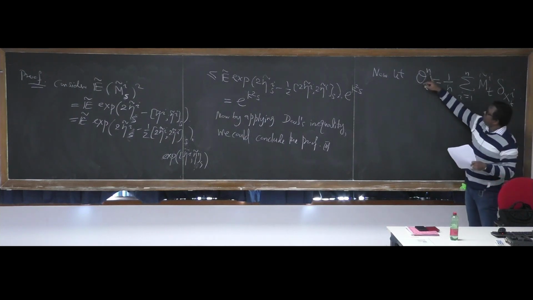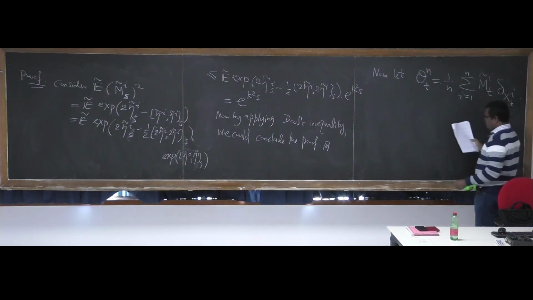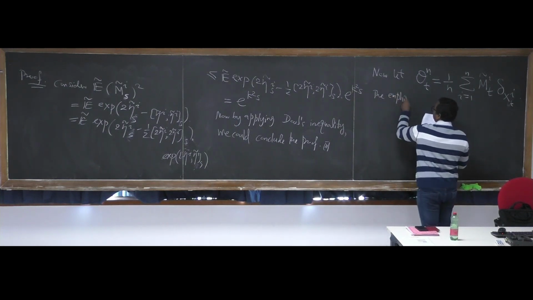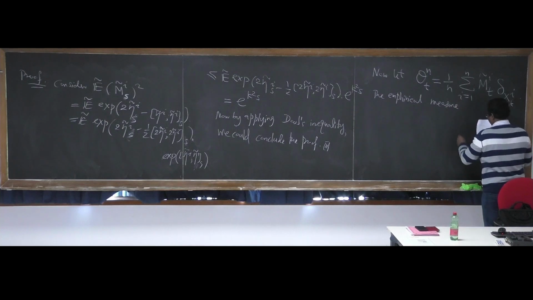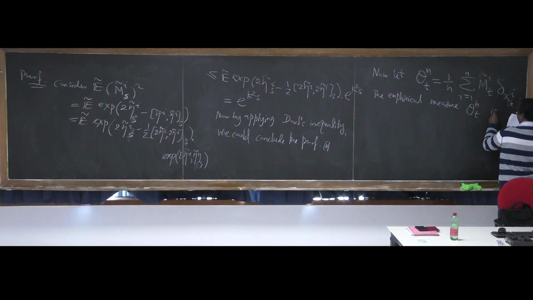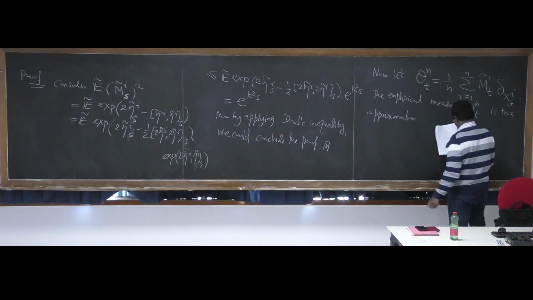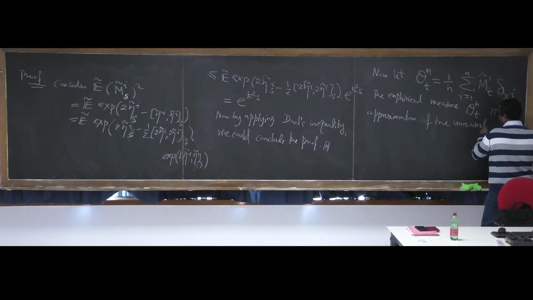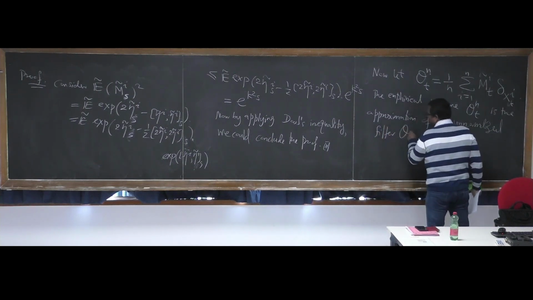Okay, we take theta t n like this way. So the empirical measure theta n t is the approximation of the unnormalized filter theta t.